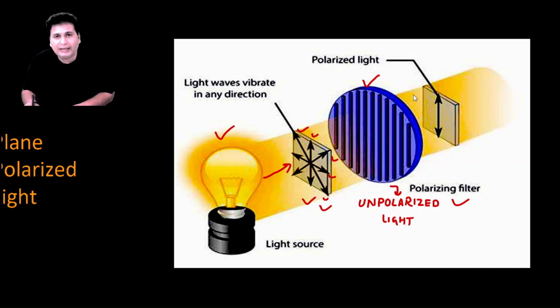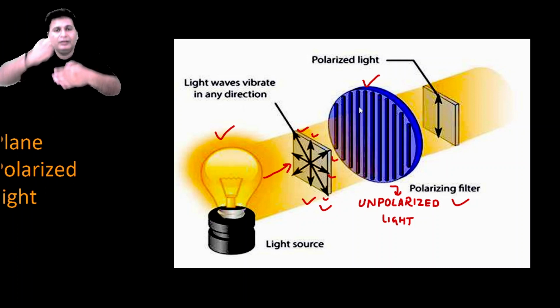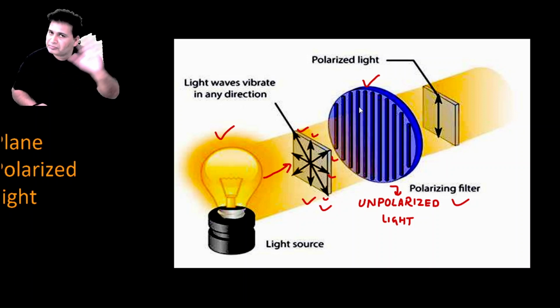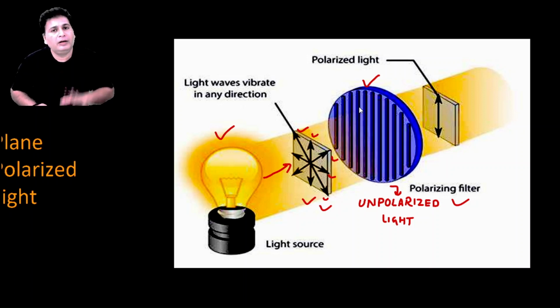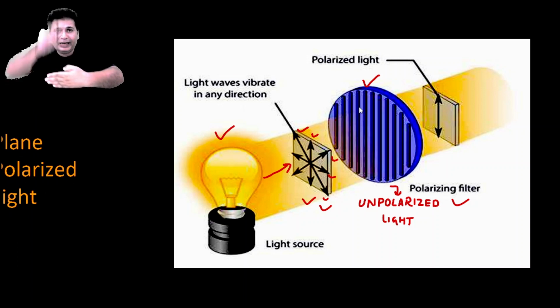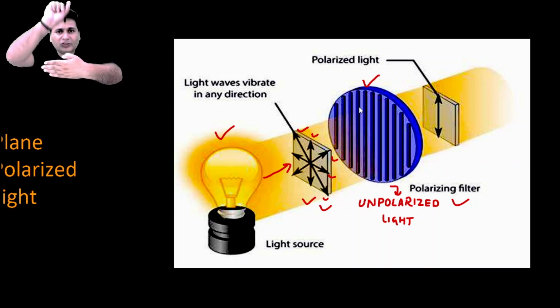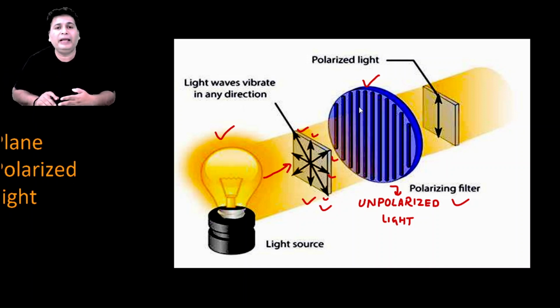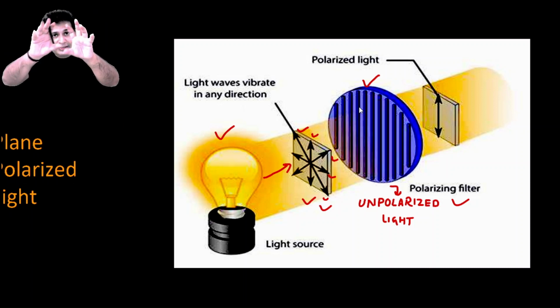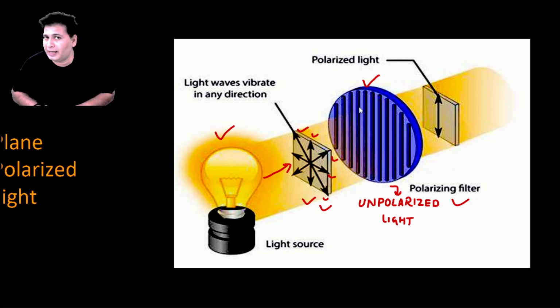The plane along which it does not absorb the electric field vector is called the pass axis. In that plane, the electric field vector still oscillates, and except this plane, in all other directions the electric field vectors are absorbed by this polarizer.